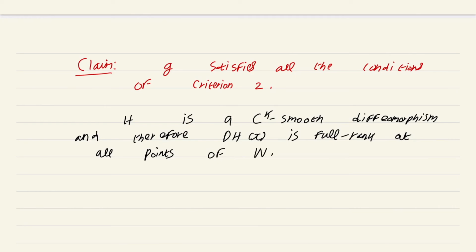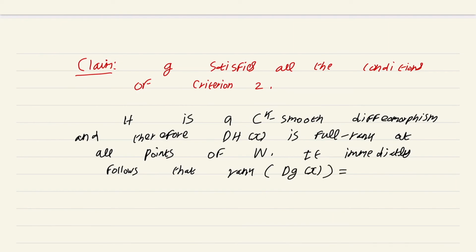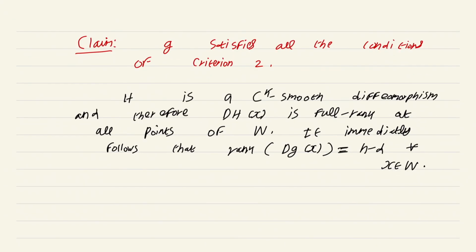Now since DH of X is full rank at all points of W, it immediately follows that the rank of DG of X is exactly equal to n minus d for all X in W. This is immediate.